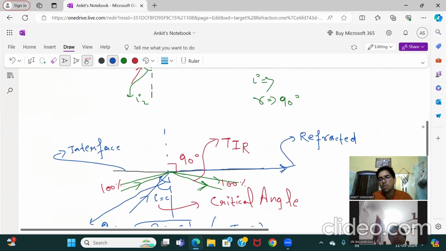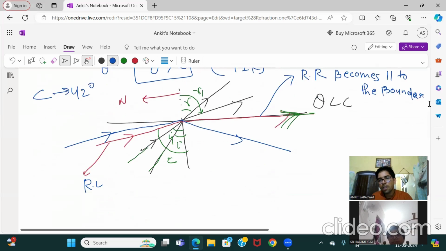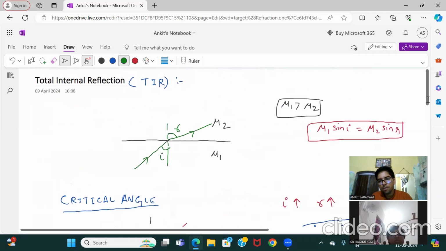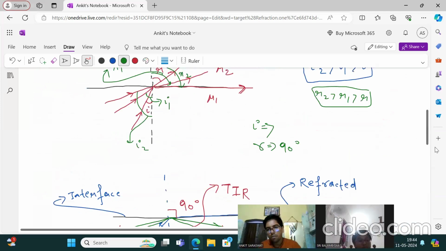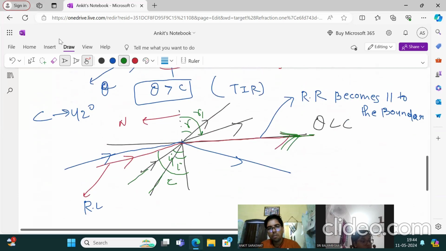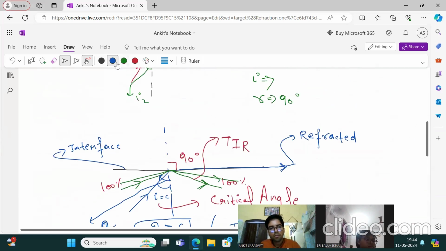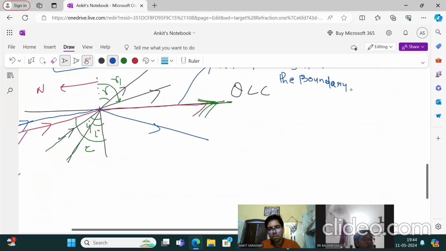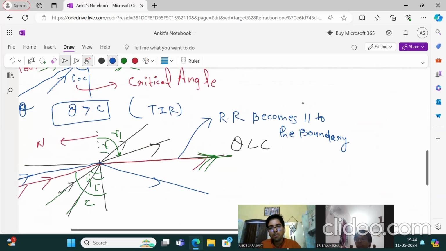In some books, they have written it like this. Parallel to boundary. In some books, in place of parallel, they are using the term grazing.